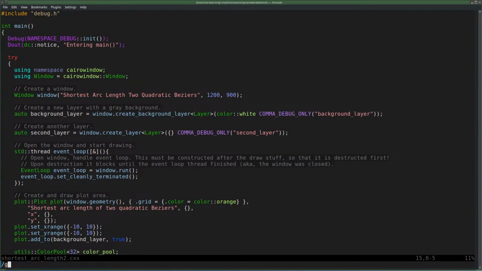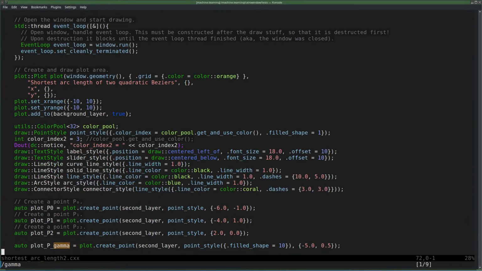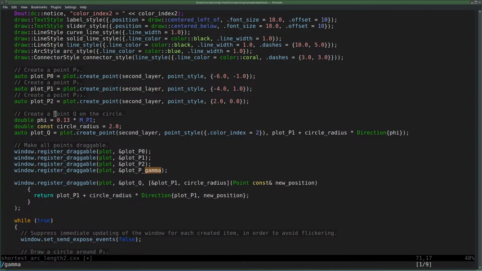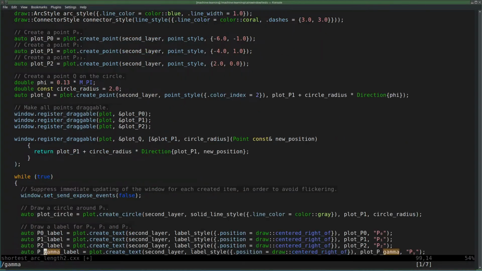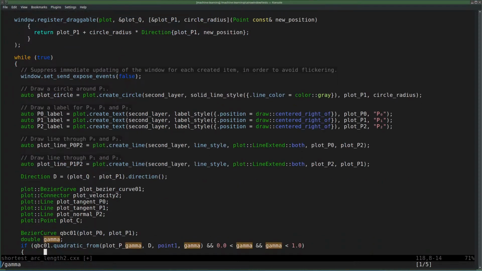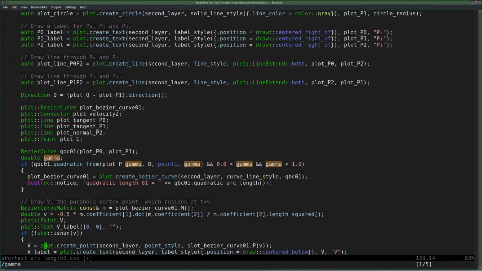Who needs a gamma, right? Nobody needs gammas. Gamma, no gamma. Completely different.